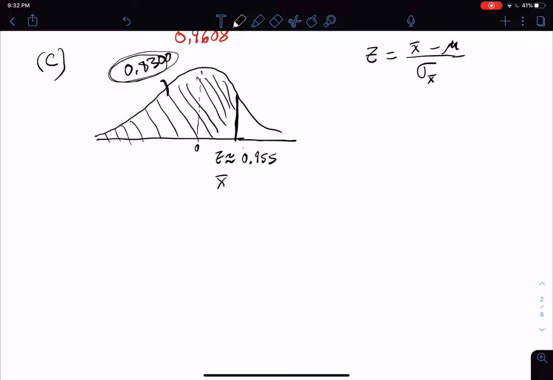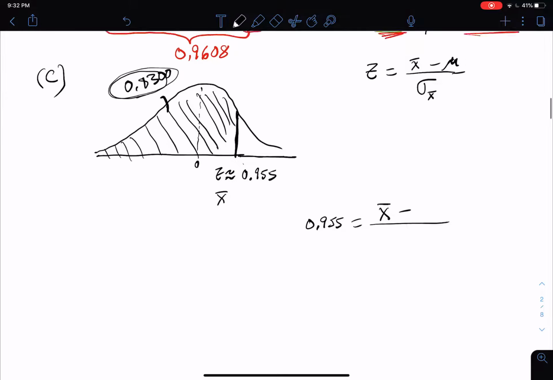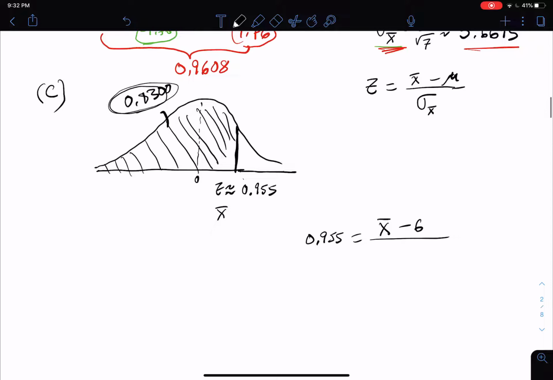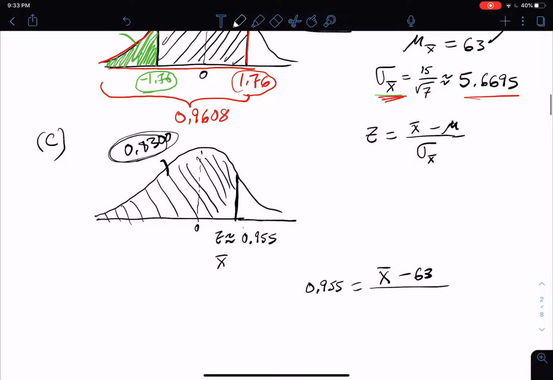I can put down my z-score, which is 0.955 equals this x bar that I'm looking for, minus the mean of the sample mean, 63, divided by the standard deviation of the x bar, which is 5.6695.